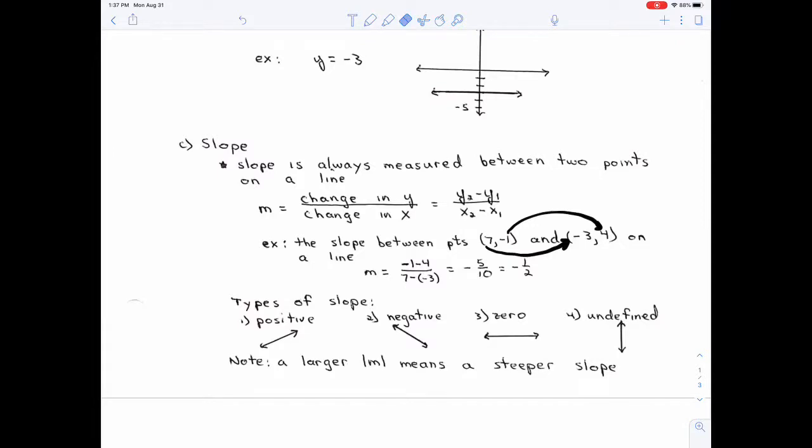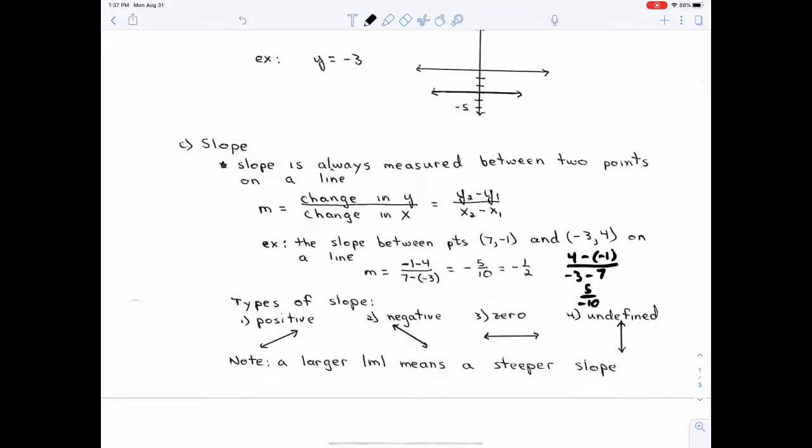Now, what if you do this? What if you take 4 minus a -1 and then -3 minus 7? You'll get the same thing because you'll get 5 over -10, which is -1/2.